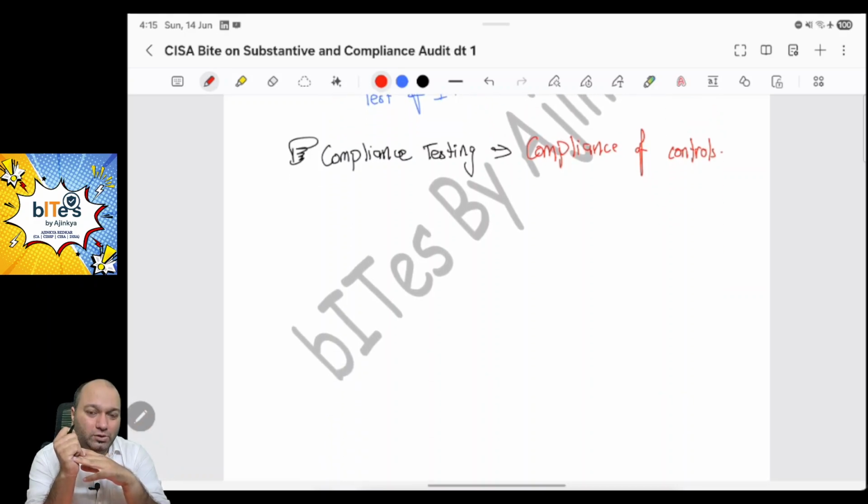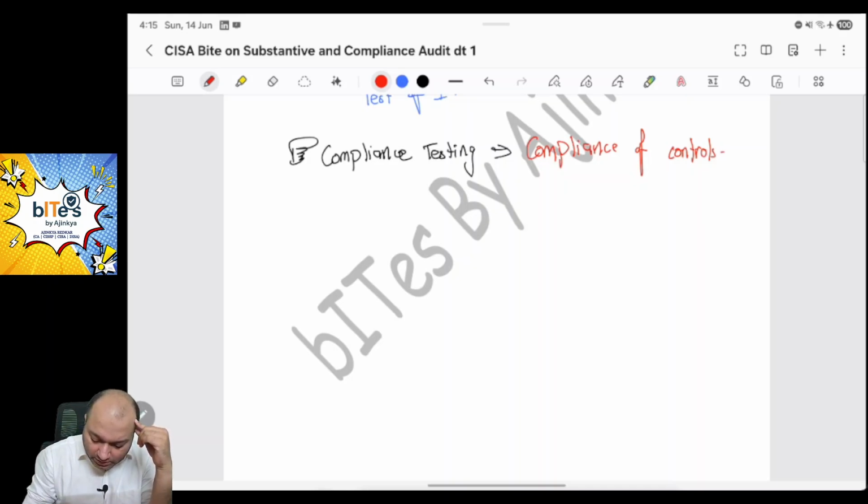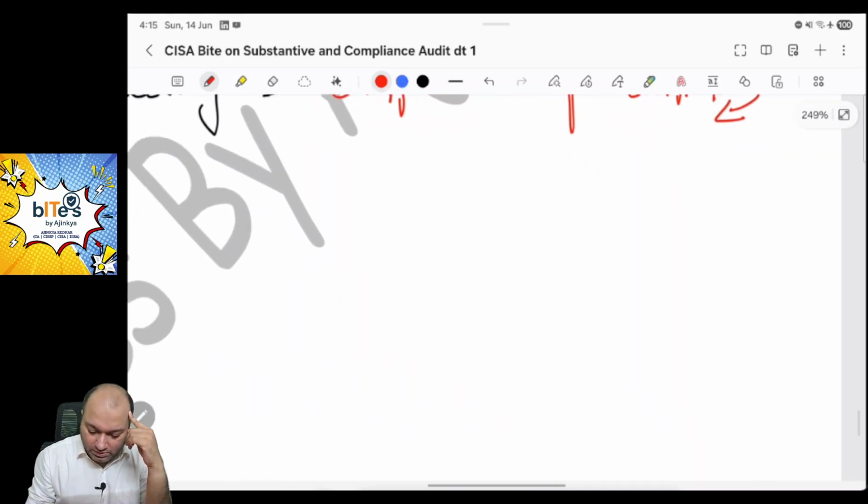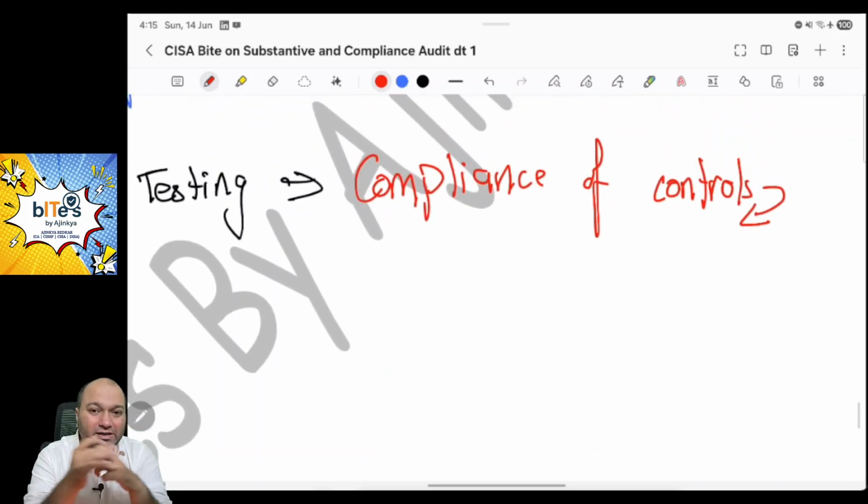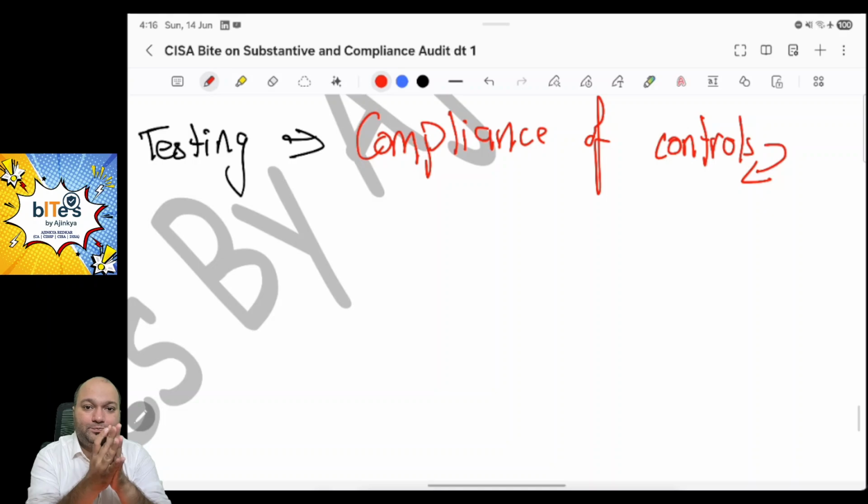Now, how will the auditor check compliance of control? Let's take an example of leavers. Let's assume there is an organization named XYZ, and the policy mandates that the application user account should be disabled on the last working day. Now this is the mandate of the policy.